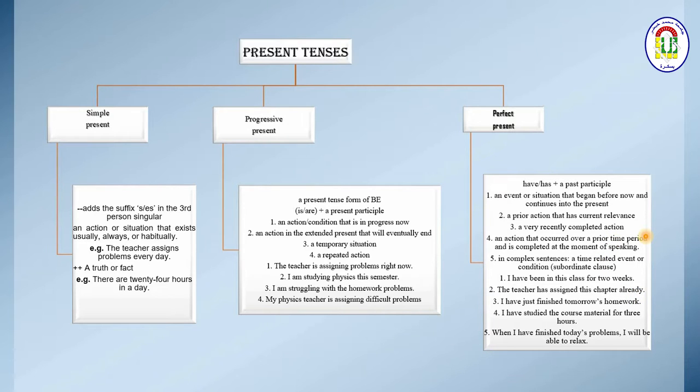Number 3, a very recently completed action. So I say, I have just finished tomorrow's homework. So I have stopped writing now. The fourth use is when there is an action that occurred over a prior time period and is completed at the moment of speaking.